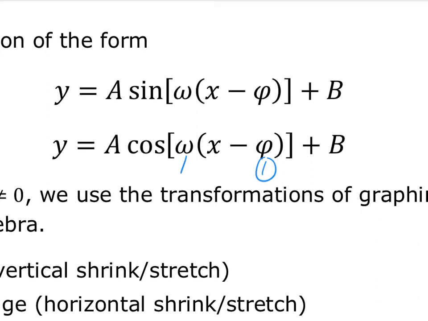The easiest thing to do is to always do your period change first. So if you're graphing these, the first thing you want to do is your period change, because then you compress it or stretch it, and then you're going to move it left or right. Once you move it left or right, then you're going to determine what happens to your amplitude, and lastly, you actually move it up. The order doesn't matter, but this is the easiest order not to get messed up.